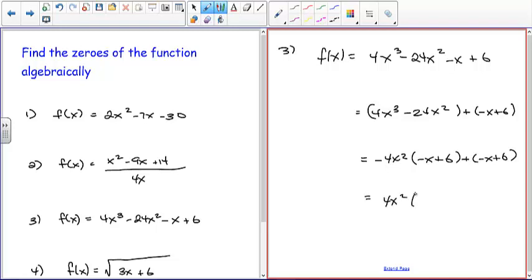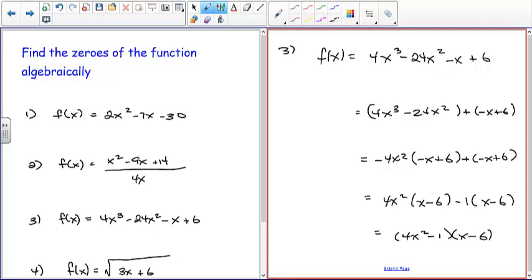So I have +4x squared times x minus 6, and I could factor out a -1 out of here, x minus 6. And since both of these are multiplied by x minus 6, I can then group those two terms together, and I get that.